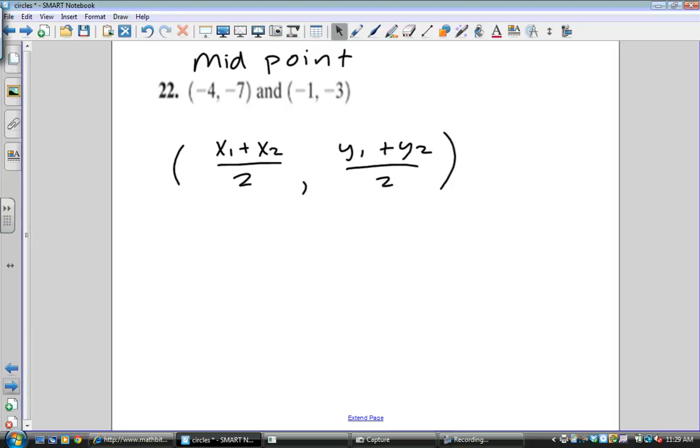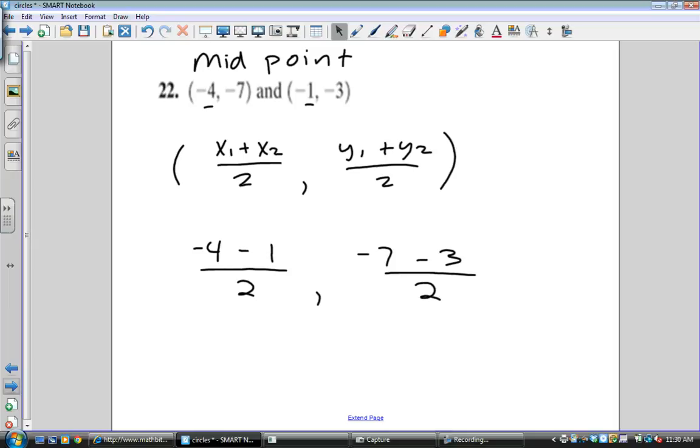So now let's plug these in. So my x-coordinates, we're going to say negative 4 plus a negative 1, which would really just be minus 1 over 2. And then for my y-coordinate here, negative 7 plus a negative 3, which again would really just be minus 3 over 2. Now let's simplify these.